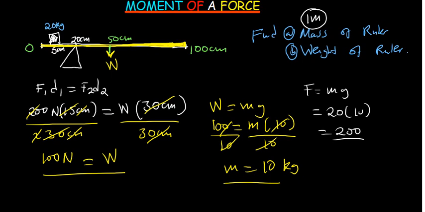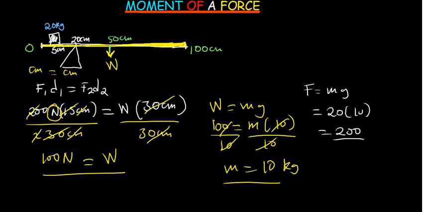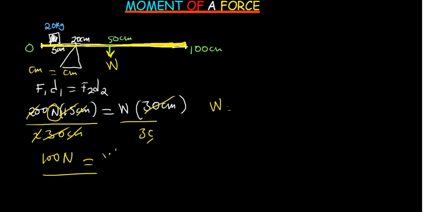Why? Because I have a centimeter this side, I also have a centimeter this side. Because I'm dealing with centimeters both sides, they are going to cancel out, and I'll still remain with the newtons which I want. Otherwise, whenever you're dealing with newtons as the unit for weight, when you find the mass, it will always be in kg. It will never be in grams.